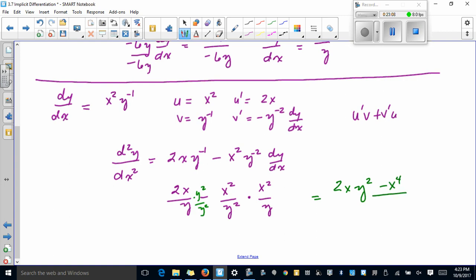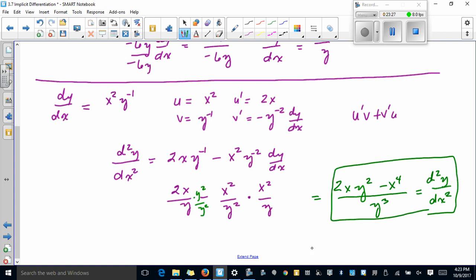And don't forget that that is your second derivative, so you need to write it as d2y over dx squared. Now I could have left this one as a quotient rule and done a quotient rule. It still would have came up with the same answer.